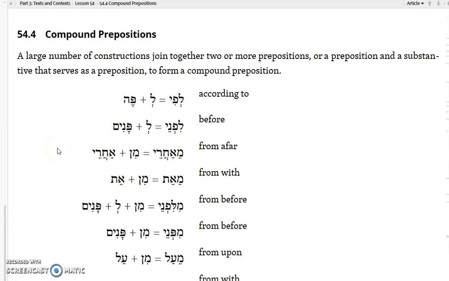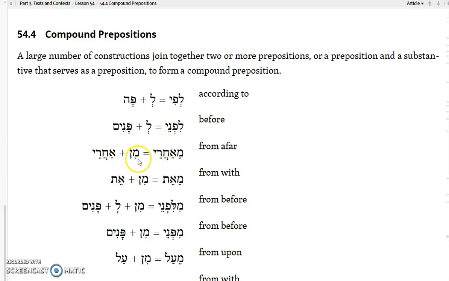Finally, section 54.4 will give a large number of compound prepositions. So you have lefi, which is actually preposition lamed plus pe, mouth, to the mouth of, which means according to. And then you have lamed plus panim, which in construct becomes lifnei, literally to the face of, but it means before.